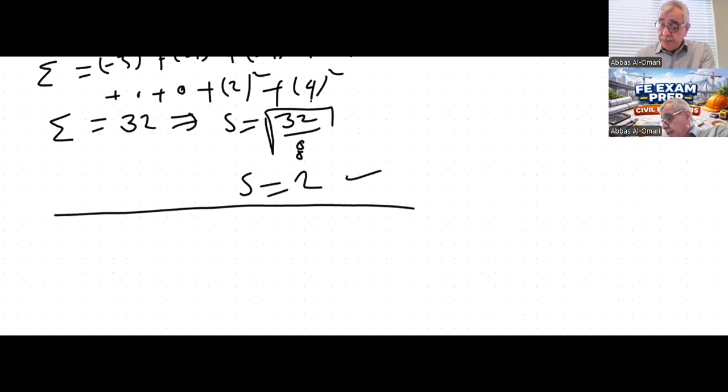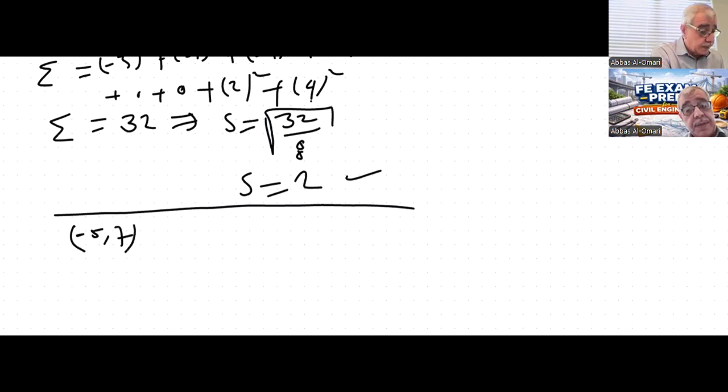Now, the next question. We have 2 points in the Cartesian coordinates, which are -5 and 7, this is point 1. And the second point is -3 and -1.